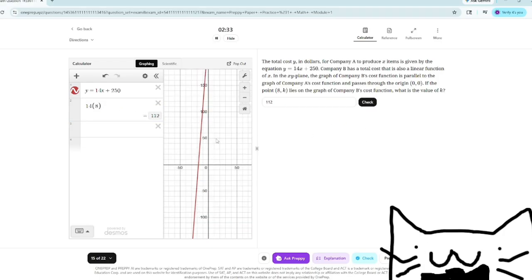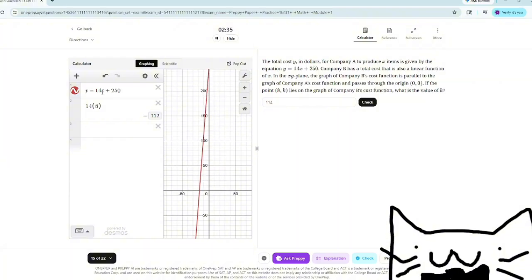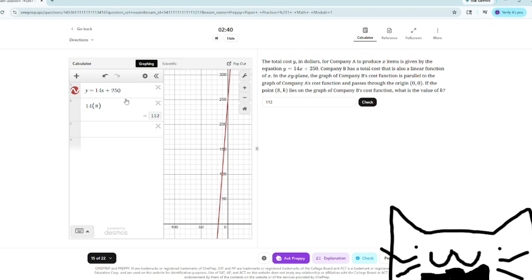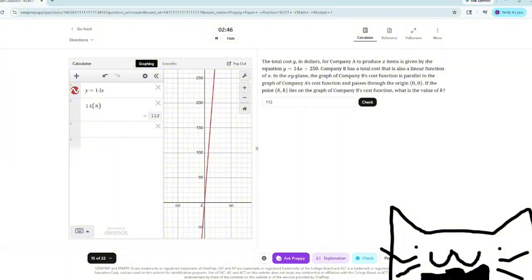What I did is y equals 14x plus 250. The 250 makes it so it doesn't pass through the origin. 14x passes through the origin, but adding something like 1 or 2 doesn't. When something passes through the origin, it just means it's going straight through 0, 0.